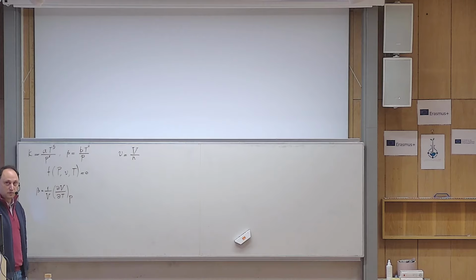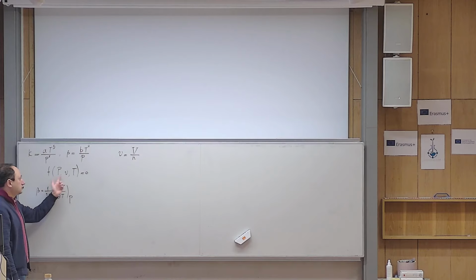So I can set up experiments, keep the pressure constant, and check how the volume changes with respect to the change in temperature. This is easier to understand and explore than understanding the relation between these three variables.